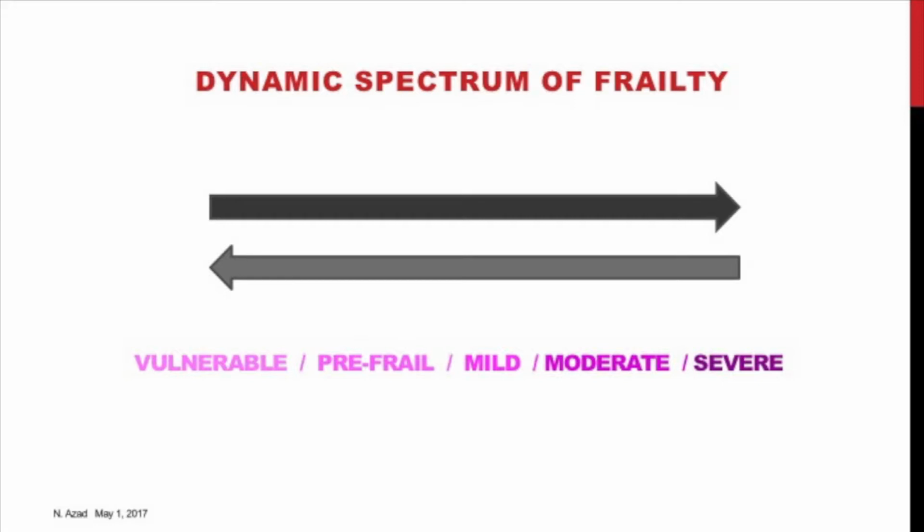For instance, medication that you would give to someone at this stage could be completely inappropriate for someone who is in the moderate or severe stage. Actually, not only is it inappropriate, it's harmful. And this is how we need to look at the literature and apply those treatments, investigations, and interventions.